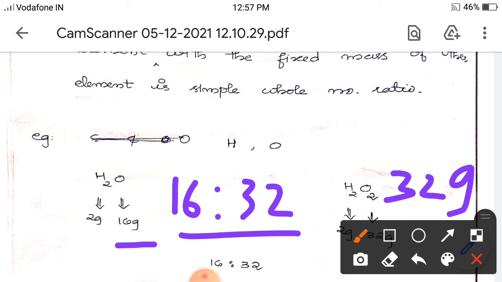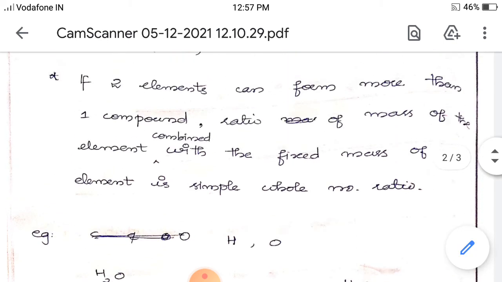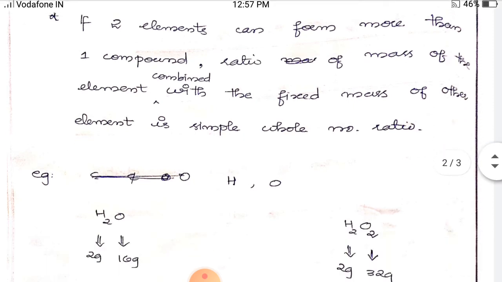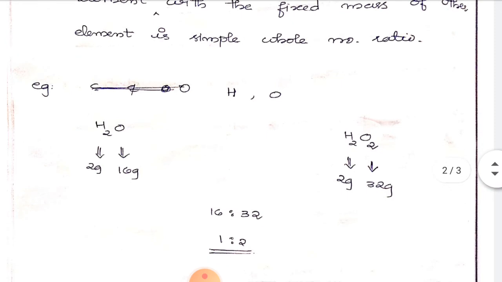It is the law of multiple proportion. Law of multiple proportion states that if two elements can form more than one compound, that is, here two elements are hydrogen and oxygen, the ratio of mass of the element combined with the fixed mass of other element, which is the fixed mass here? Here fixed mass is H2.